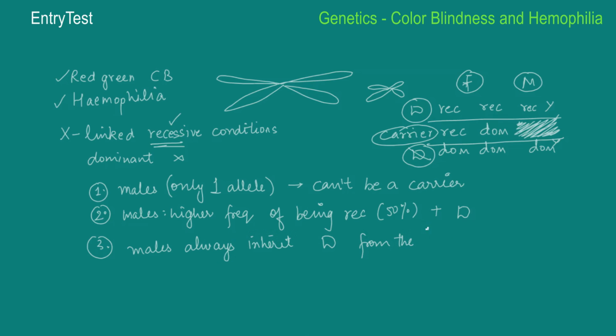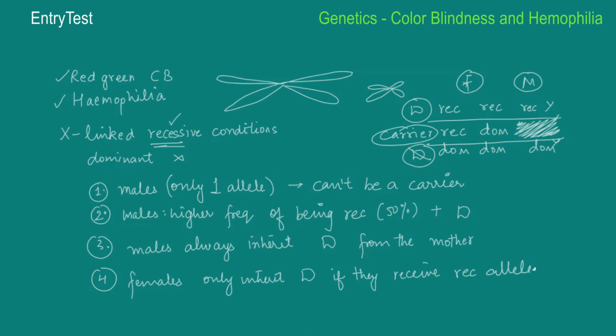Because to begin with, males do not have the disease, but only when the mother has a disease, then they inherit one of the recessive alleles. Females, on the other hand, will only inherit this kind of disease if they receive the recessive alleles from both parents.